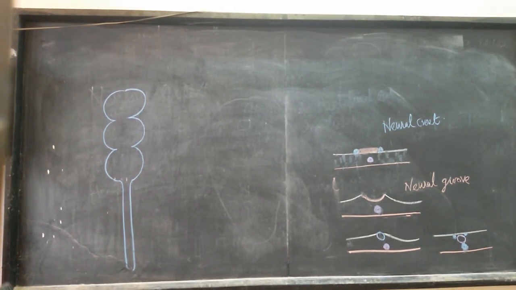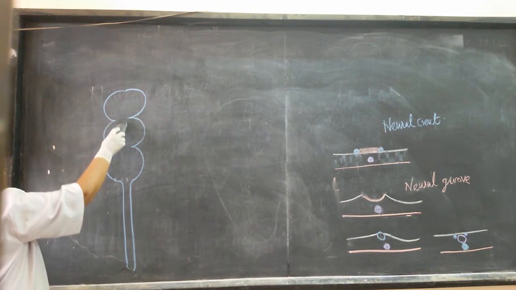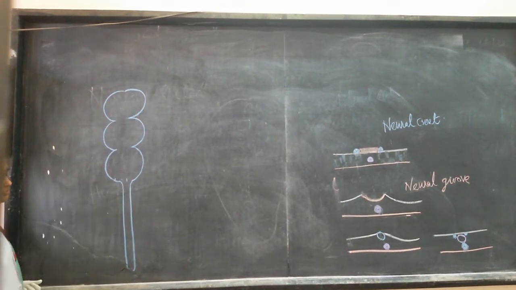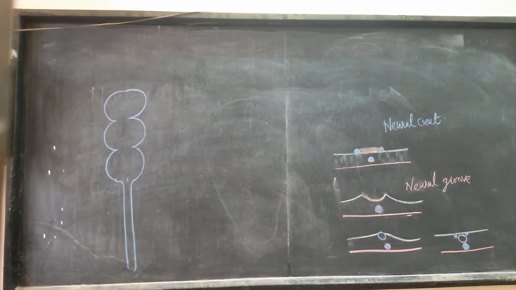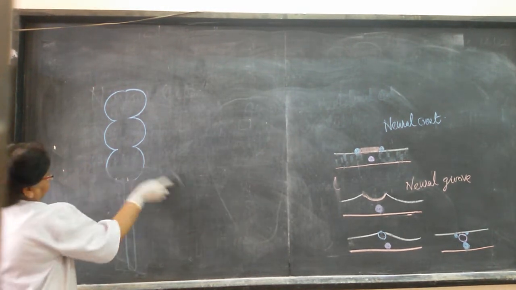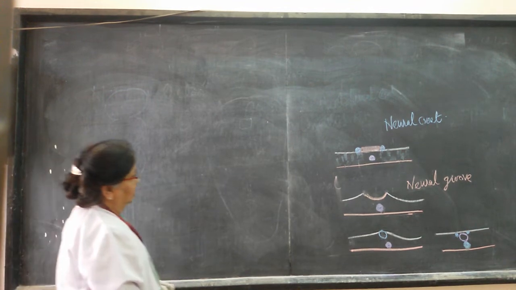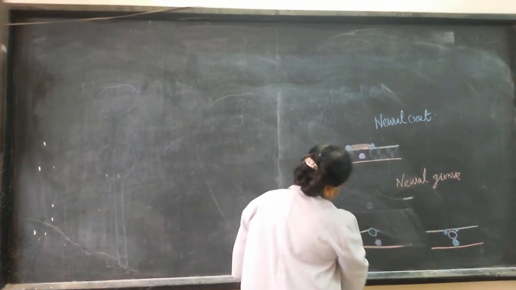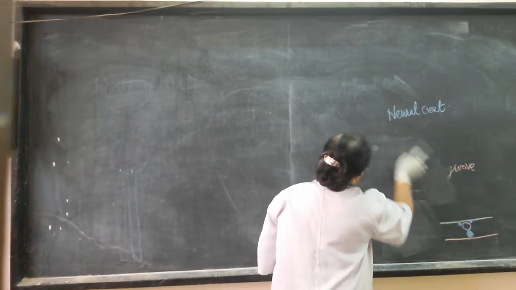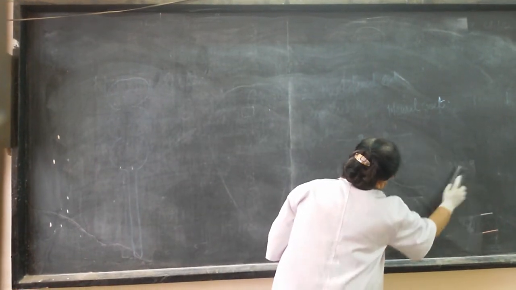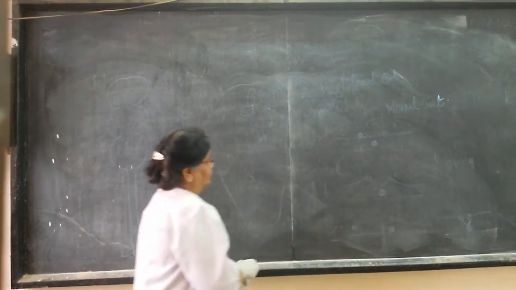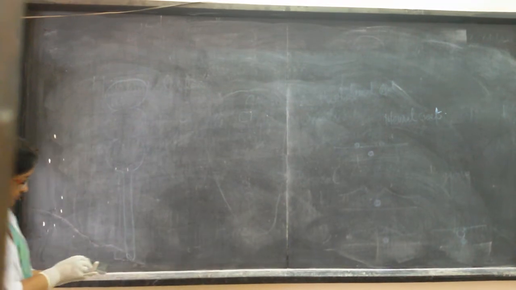And these cavities communicate with each other, like this. The caudal-most tubular part develops into the spinal cord.